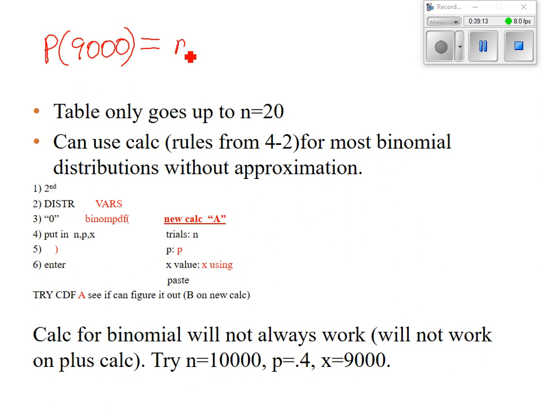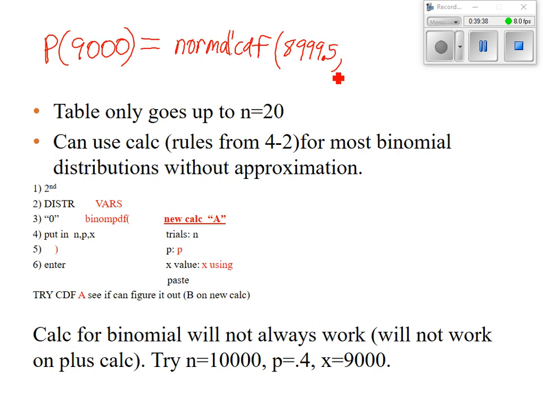You're going to type in your calculator, you're going to go to normal CDF. We want our low limit. If we want exactly 9,000, what's our low limit? 8,999.5. Subtract off 0.5, right?